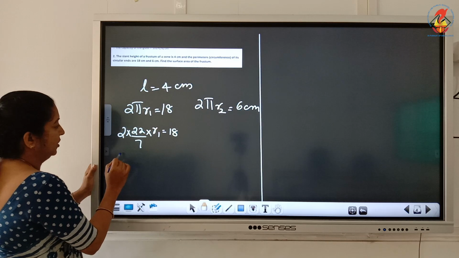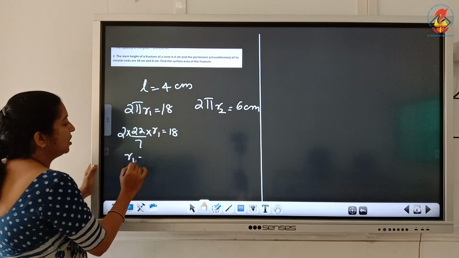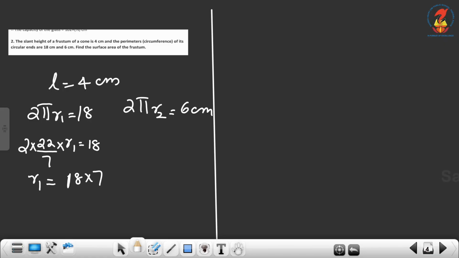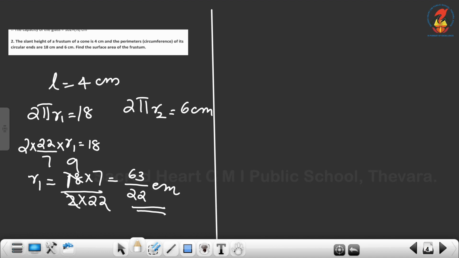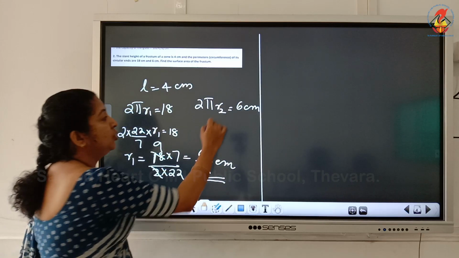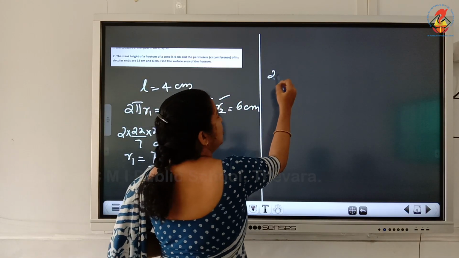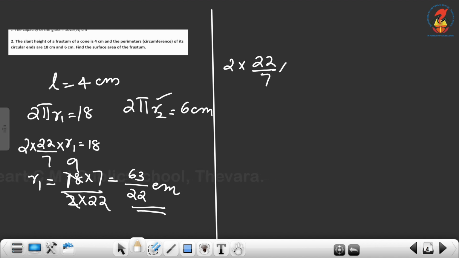So R1 is equal to 18 into 7 divided by 2 into 22. Cancel this, 9, 63 by 22 centimeter is R1. Then we have to find R2 using this relation. 2 into 22 by 7 into R2 is equal to 6 centimeter.